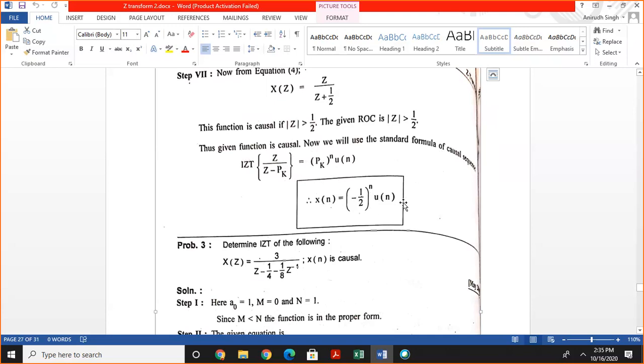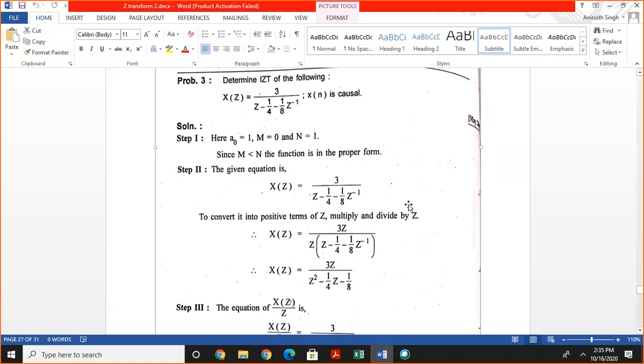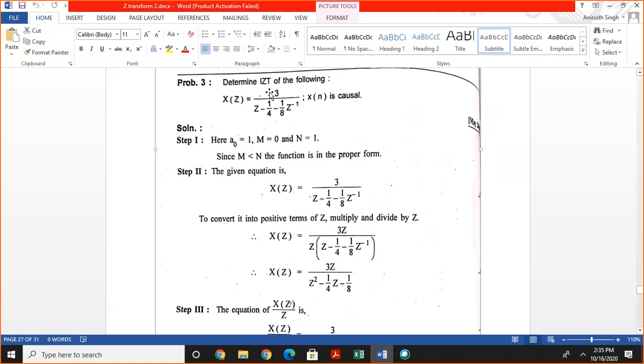or value of X of z is given by this, and we know that ROC is absolute value or mod of z is greater than half, and root is also half.